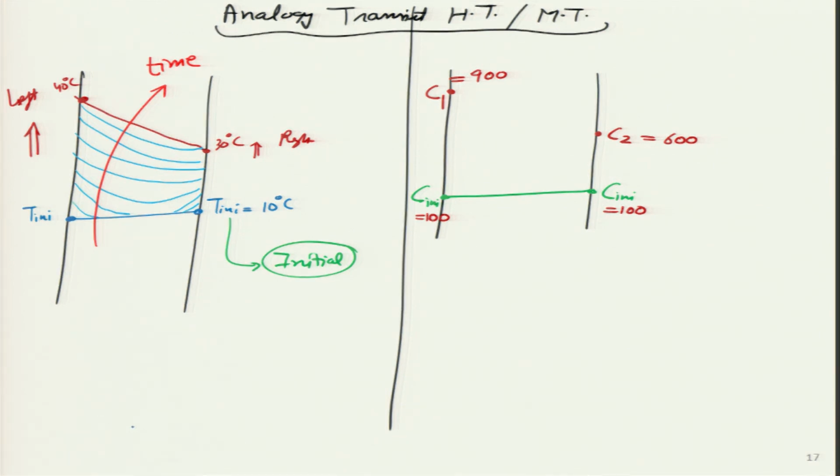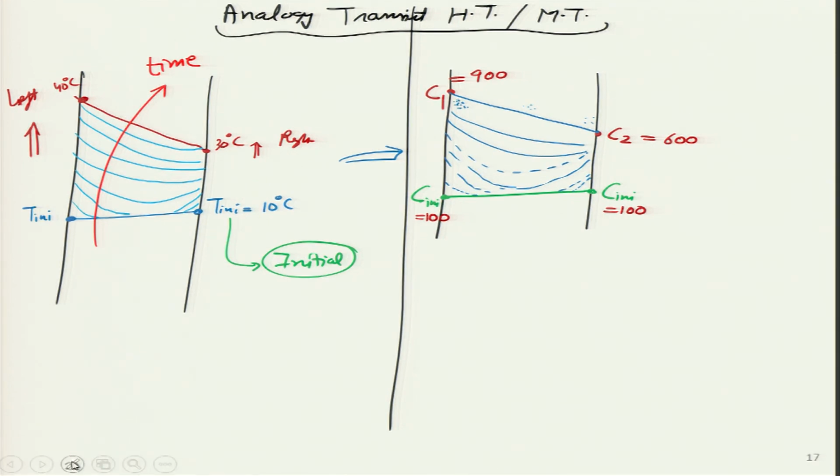Then exactly the same thing will happen as in the case of heat transfer: certain smoke molecules will diffuse mainly from the left side, a little bit from the right side, it will go like this, go like this. Then there will be smoke molecules throughout, and their concentration is increasing. It will become more smoky. Finally, it will become maximum smoke on this side, a huge amount, then medium in between, then a little bit less on this side.